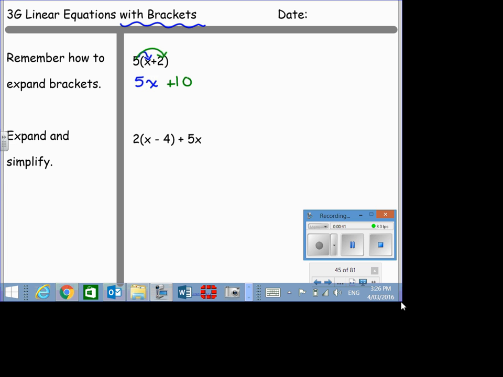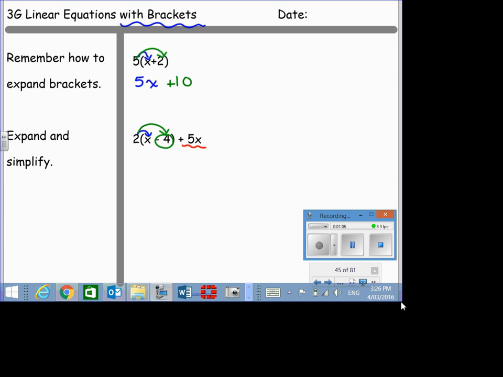If we ever have expanding with additional terms added on, for example, here we have 5x plus 2 times (x minus 4), we can expand 2 times the x and 2 times negative 4. But we also have to remember that we have this additional 5x that we're adding on to the end.